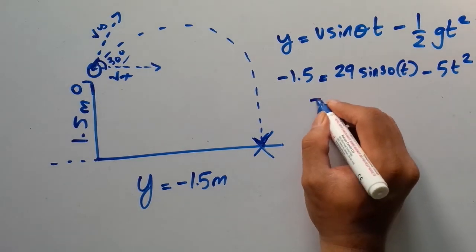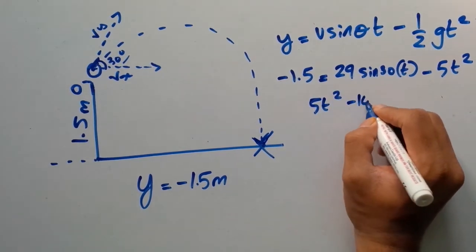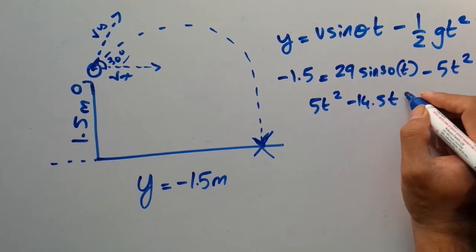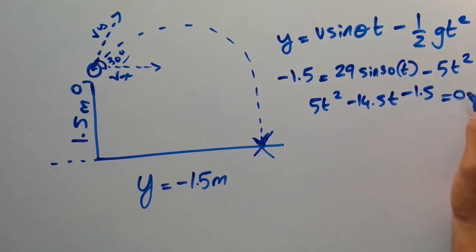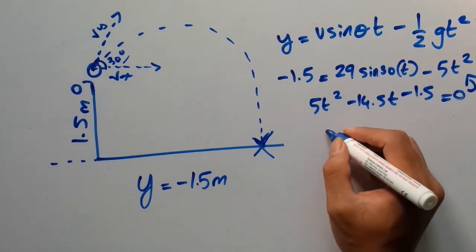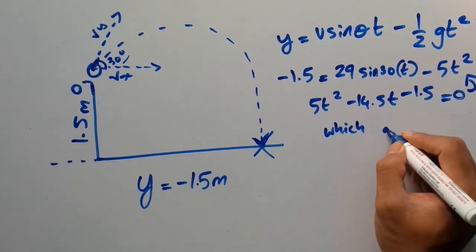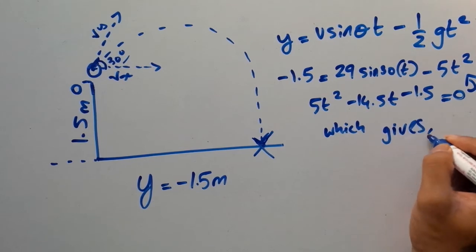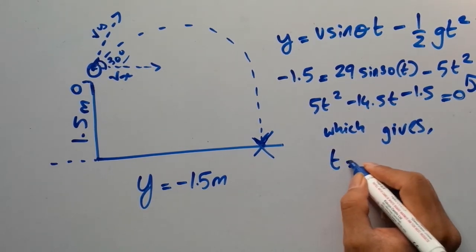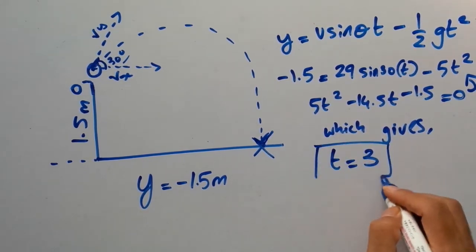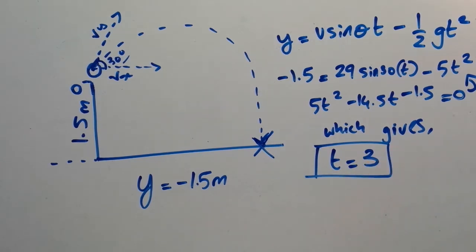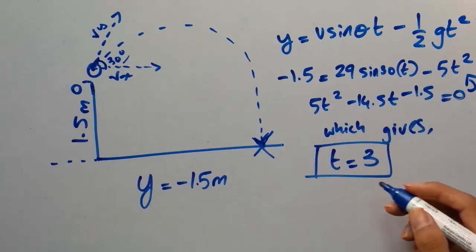Solving the quadratic, 5t square minus 14.5t minus 1.5 is equal to 0, gives time as 3 seconds, which is what the question asked you to find.